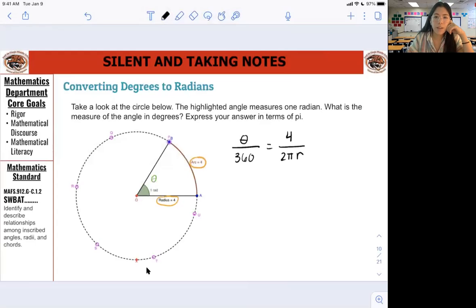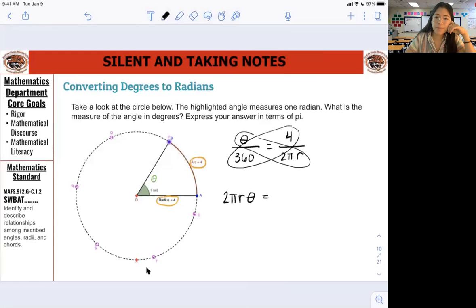All right. So really quickly, I can do a little bit of cross multiplication. So 2 pi r theta is equal to 360 times 4.